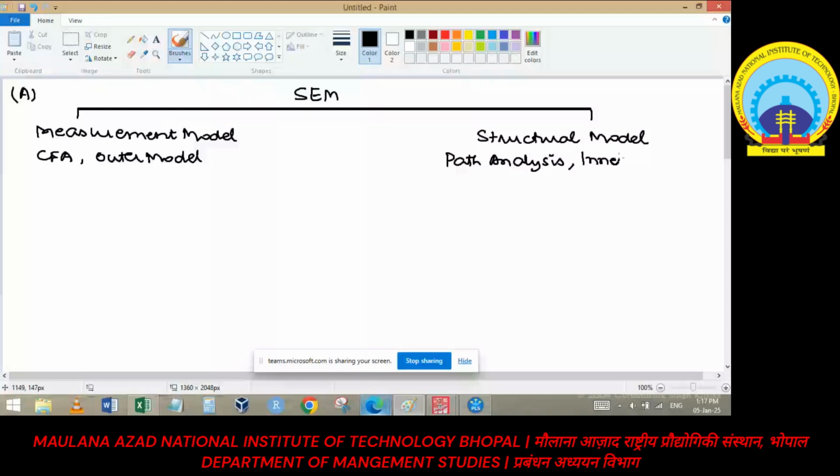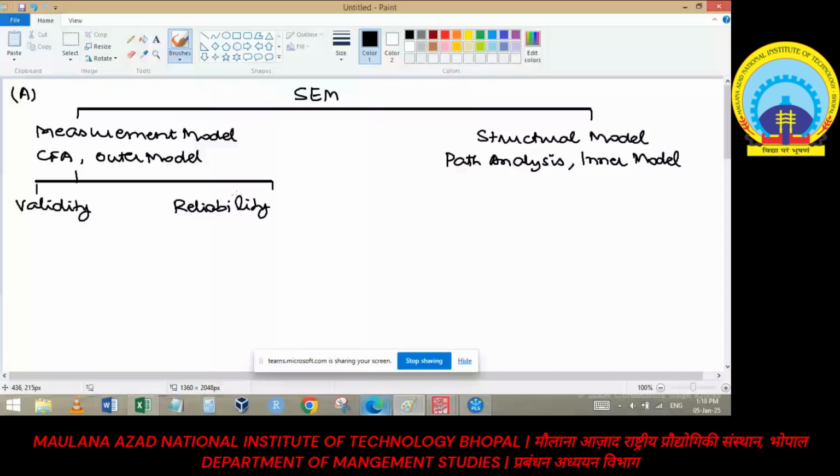In the measurement model, we generally deal with 2 sorts of things: validity and reliability, for both reflective, formative, lower order, higher order.